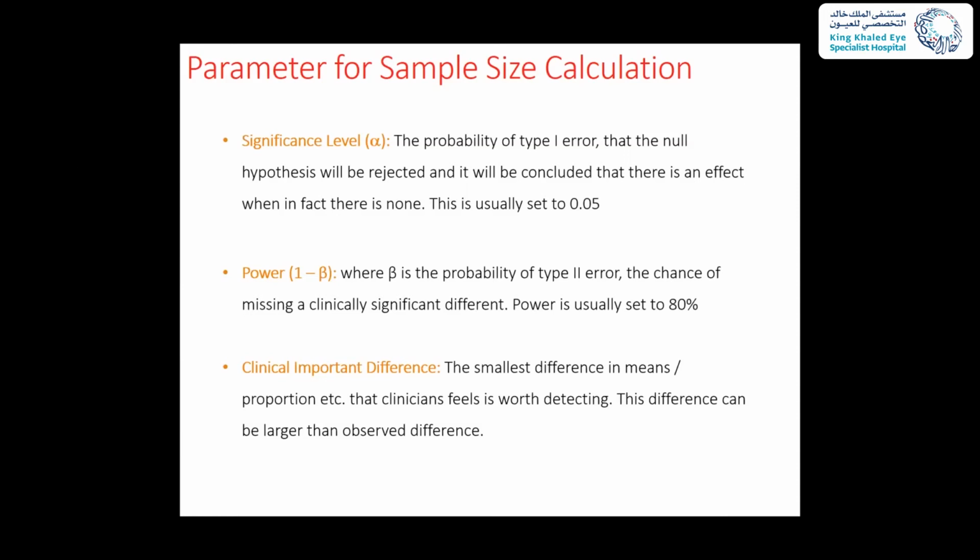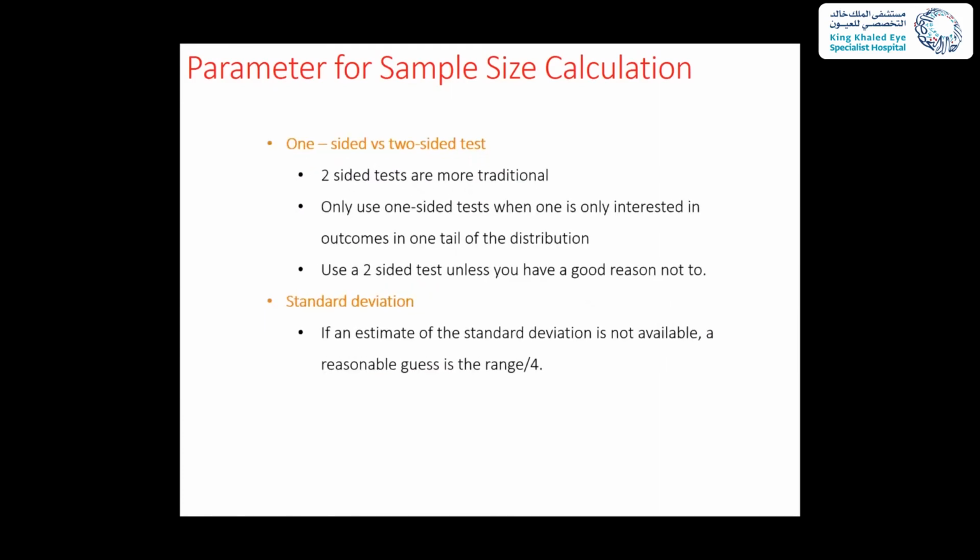Once I lower it to 80% from 90%, the sample size will get a bit smaller, and it would be more feasible and less costly. And always the effect size, the clinically important difference, should be given by the clinician, and it's very important to be precise from the beginning.